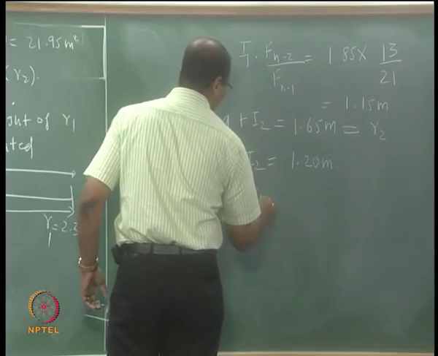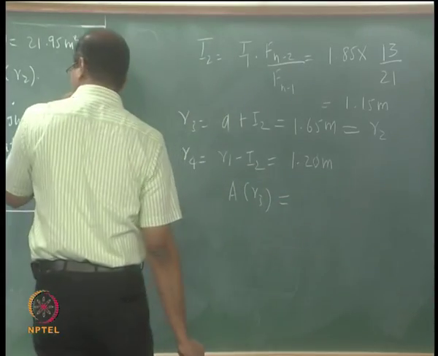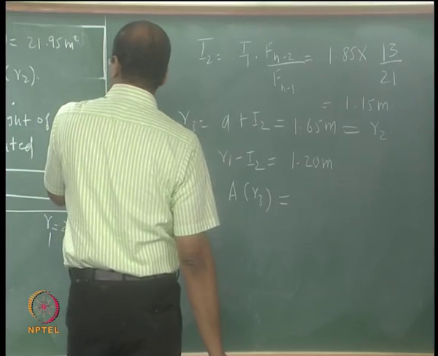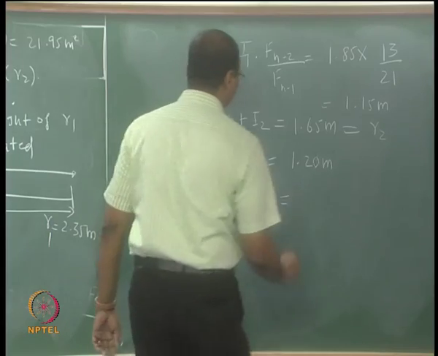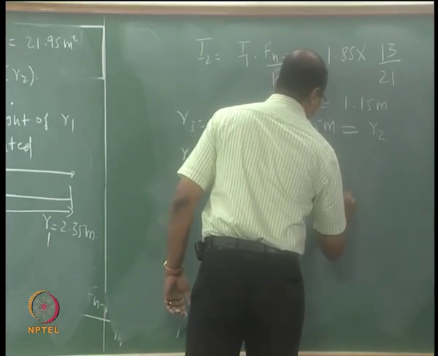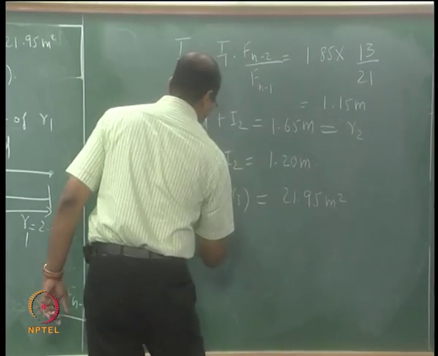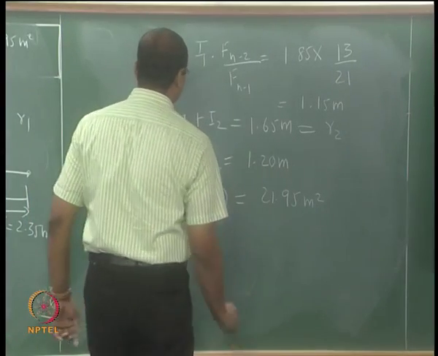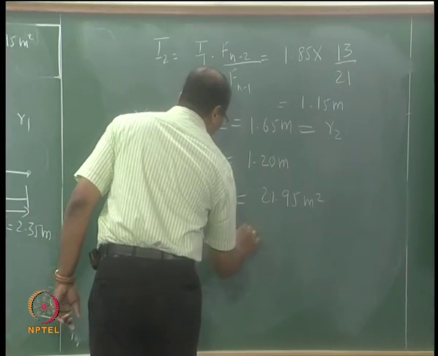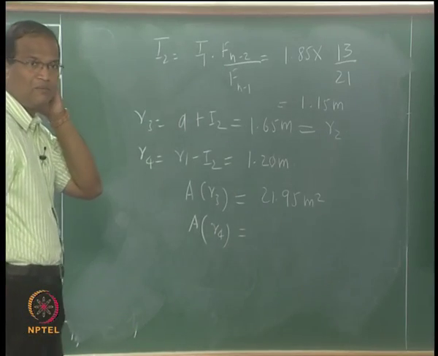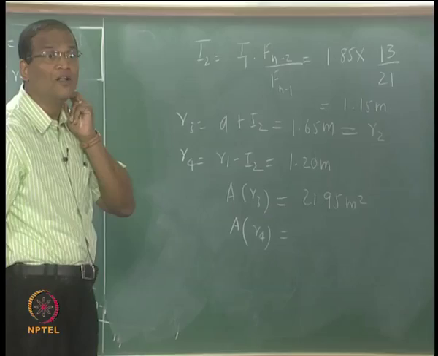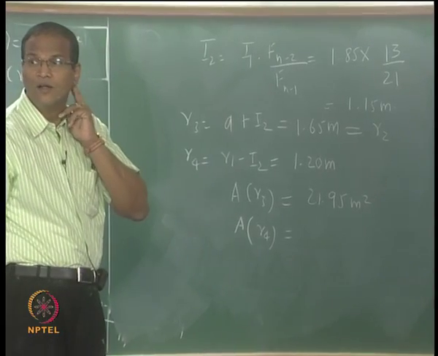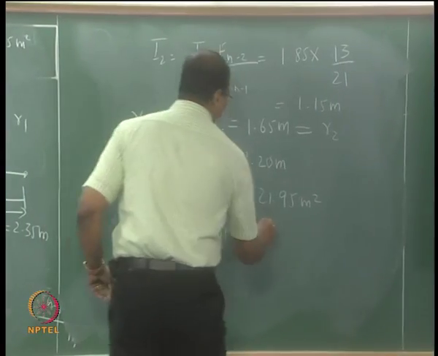So A of R3 equal to 21.95, correct. A of R4 must be smaller, 15.7.